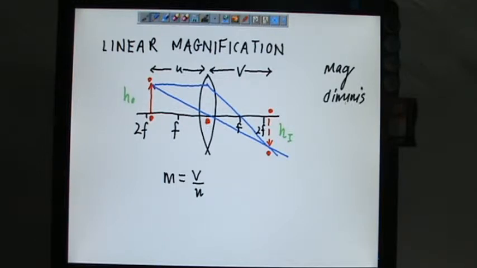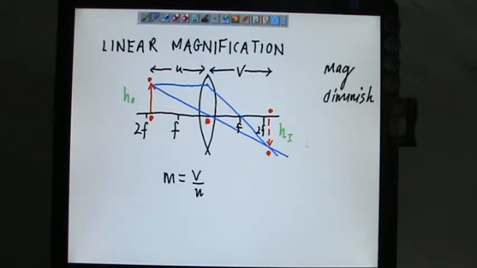But generally, we can say that from this diagram we have U as the object distance and V as the image distance. For example, this red object has an object height of HO, and the image projected on the other side, which is a real image, has HI, the height of the image.